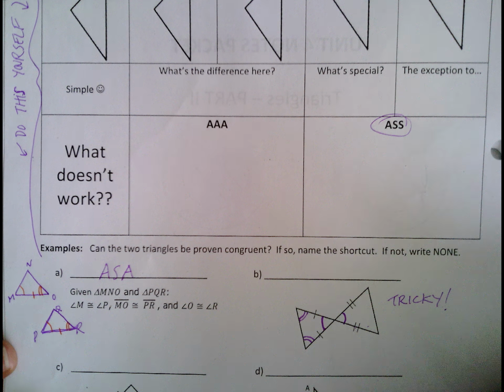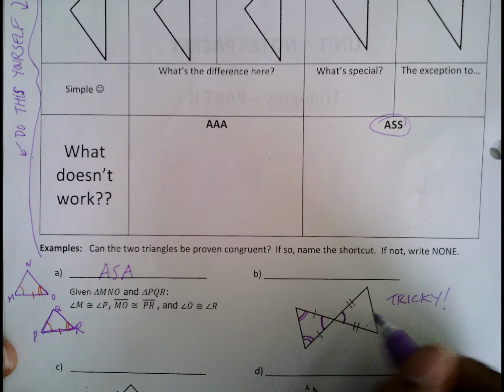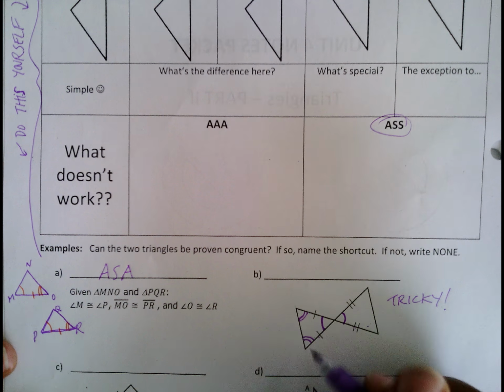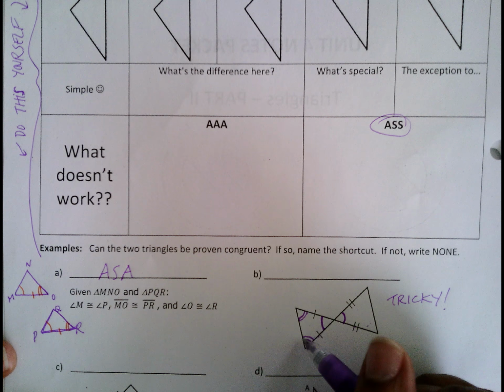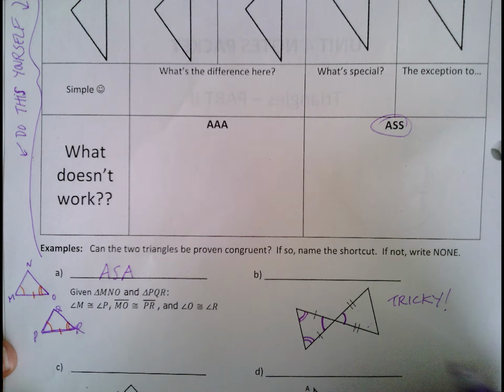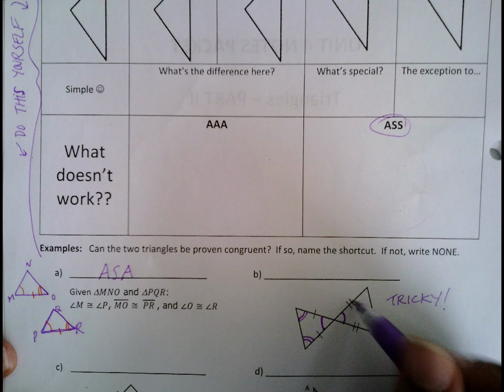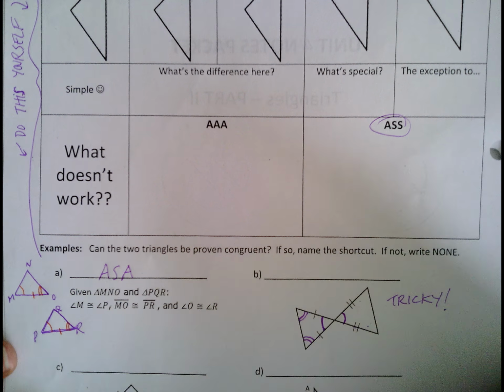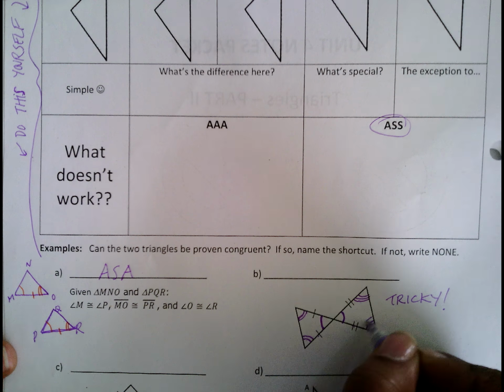That's it, right? These two are congruent and I have an isosceles triangle here. I don't know what the measure of this vertical angle is, so I can't assume that it's the same as these two. I know that if these two sides are congruent, then these two angles are congruent. But other than that, I don't know anything else.